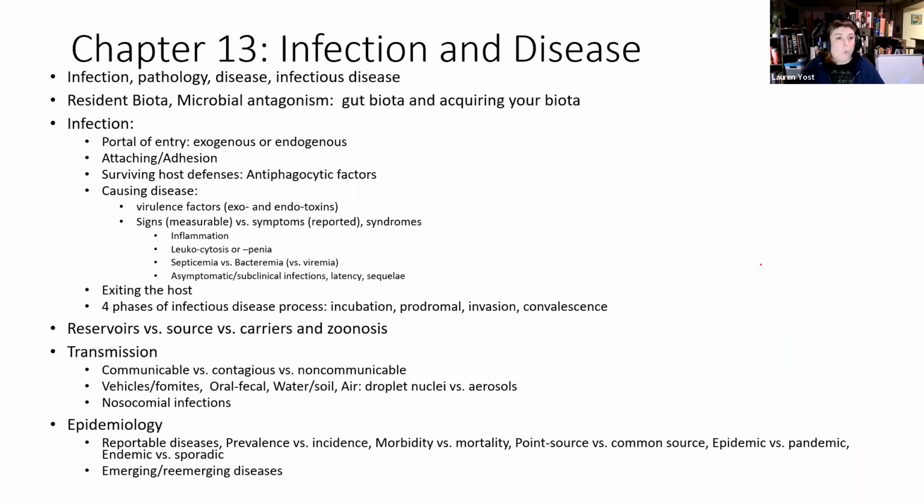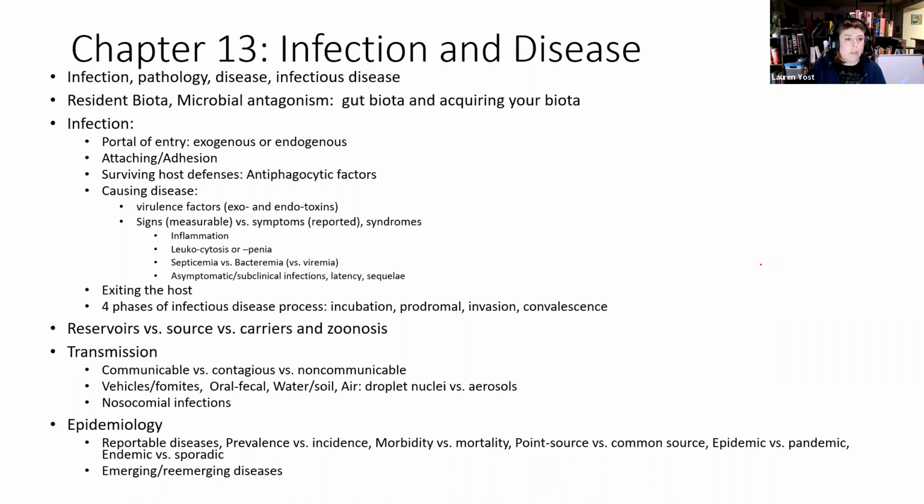Okay, resident biota and microbial antagonism. This is that concept that I was just talking about with taking up the stadium seats. Your resident biota are essentially bacteria that we would call good bacteria that are doing a lot of things for your body, whether it is helping you break down things in your body or protecting you from other bacteria that could be coming and invading, and all that stuff, strengthening your immune system as you develop.